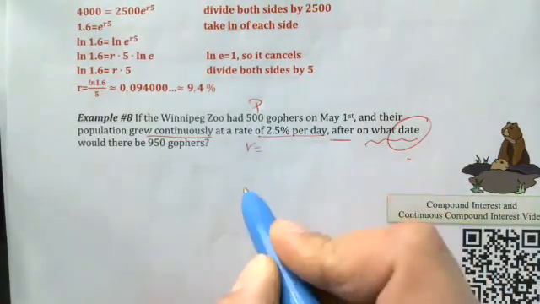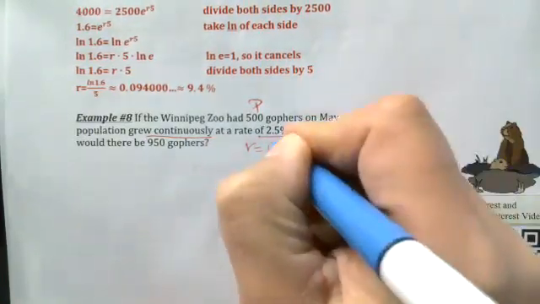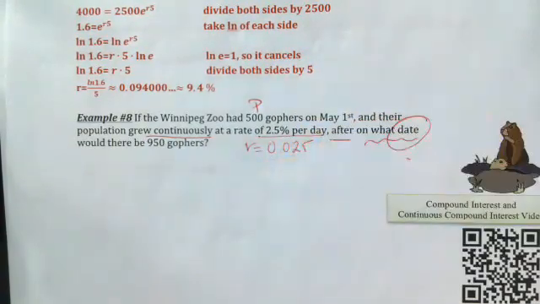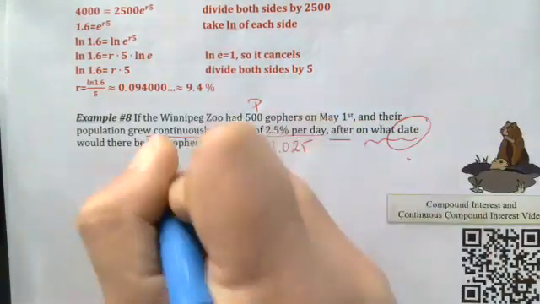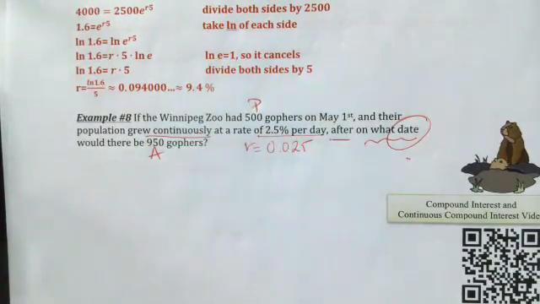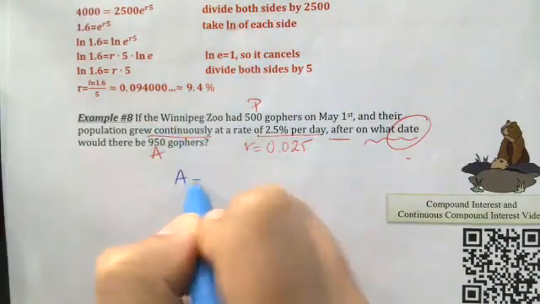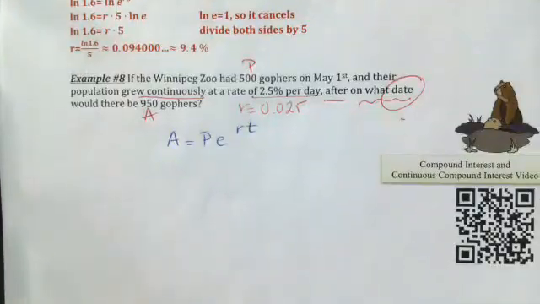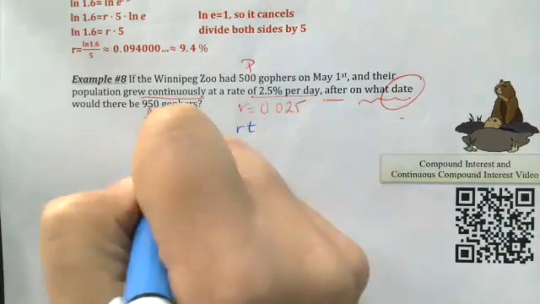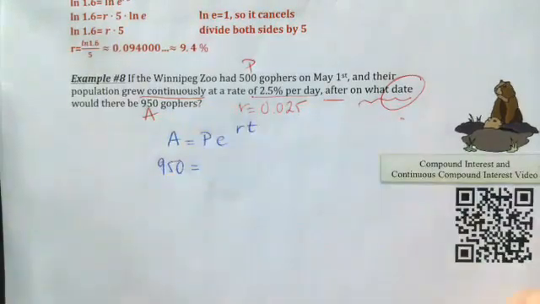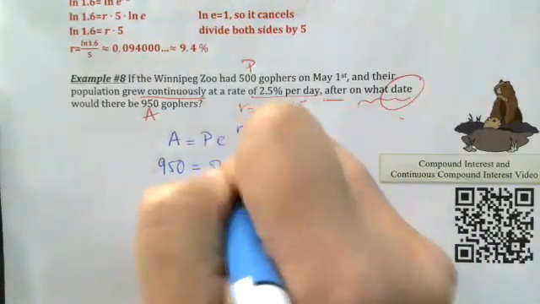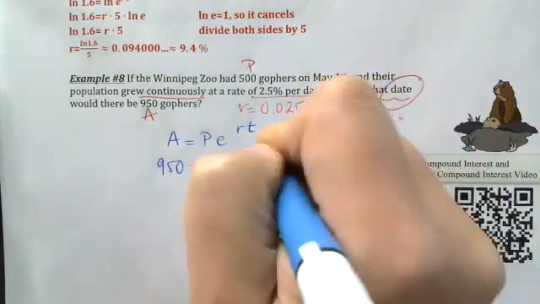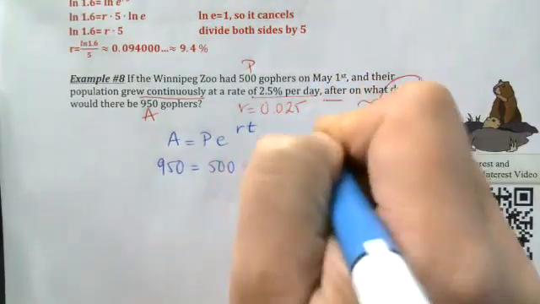So we make sure to put that into a decimal, 0.025. And then we have the final amount of gophers, which is A. So A equals P e to the rt is the continuous growth formula. A is 950. P is 500. e to the 0.025 times t.